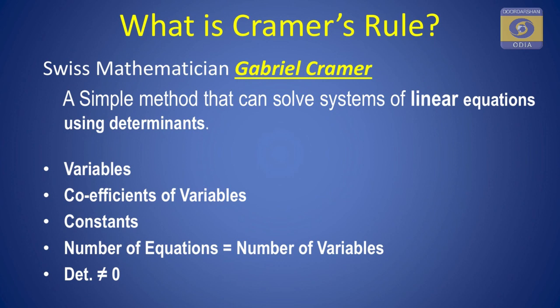Here I have jotted down variables, coefficients of variables, constants, and we must remember, if there are 2 unknown variables, then there must be 2 equations, 3 unknown variables, 3 equations. And the most important thing is, we can only use this method if the determinant of the coefficients is not equal to 0, right.